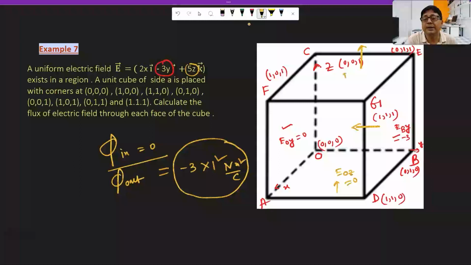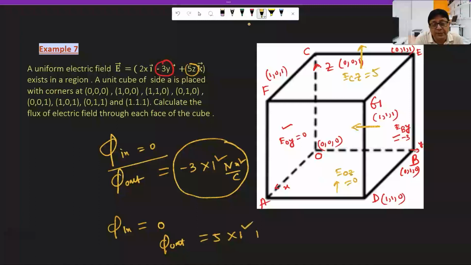And here ECZ is 5 into 1, because Z is equal to 1 over there. 5. So what is phi in here? Phi in is 0. Phi out will be what? That 5 into 1 square Newton meter square per coulomb.